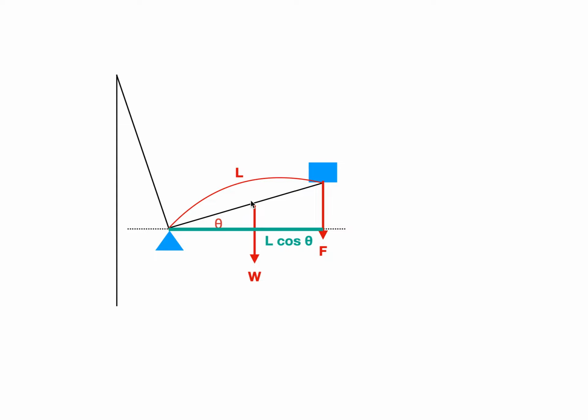So the moment arm of the forearm will be this one. So we can list all the clockwise torque, right? Clockwise torque would be F times L cosine theta, and also the weight of the forearm times 1/2 L cosine theta, so it's half of the moment arm of this force. That's the clockwise torque we have.